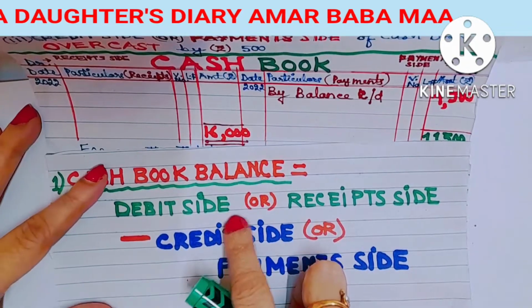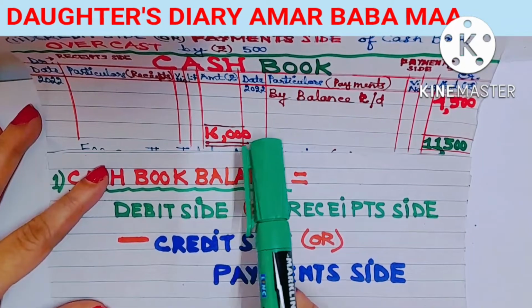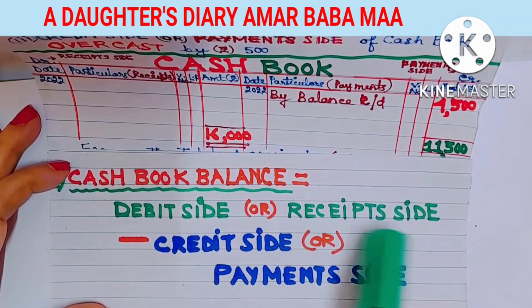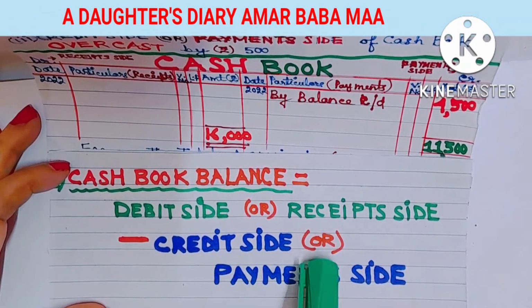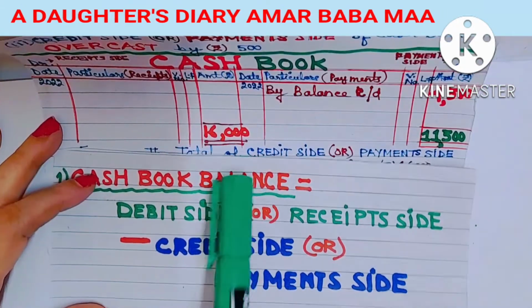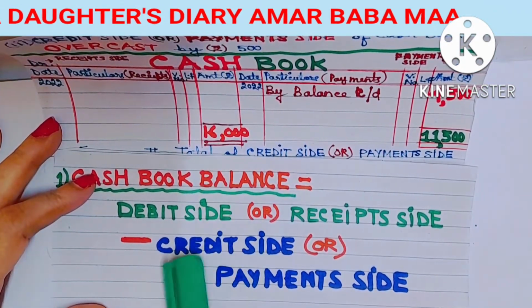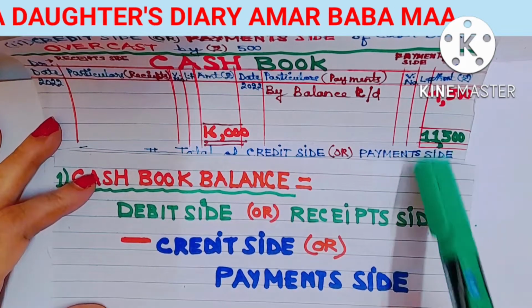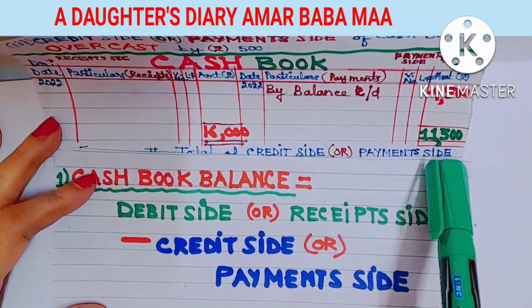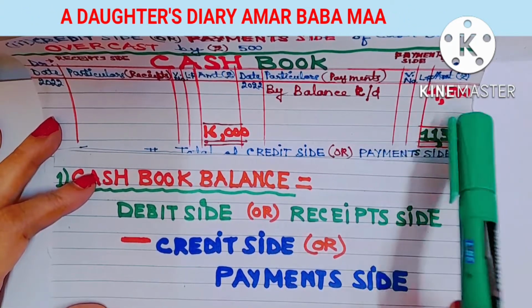Now what is the cash book balance? Cash book balance is equal to debit side or receipt side minus credit side or payment side. So what is the debit side total? The total of debit side is 16,000 minus credit side total, that is 11,500. So 16,000 minus 11,500 will give you 4,500.